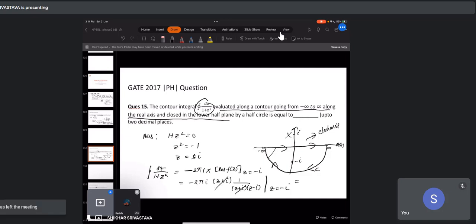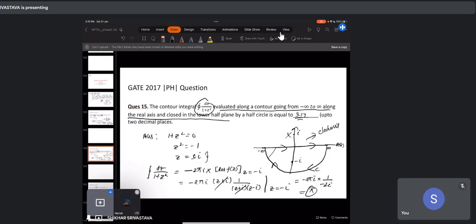So it will be minus 2 pi I times, just put, so it will become 1 upon minus 2 iota. So minus 2 iota cancel, it will be pi. So your answer will be, since you have been asked to provide the answer to 2 decimal places, 3.14.